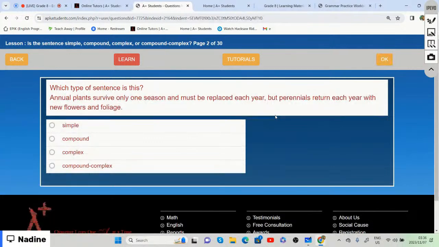And an annual plant survives only one season and must be replaced each year. But perennials return each year with new flowers and foliage. Is this a simple, compound, complex, or compound complex sentence?